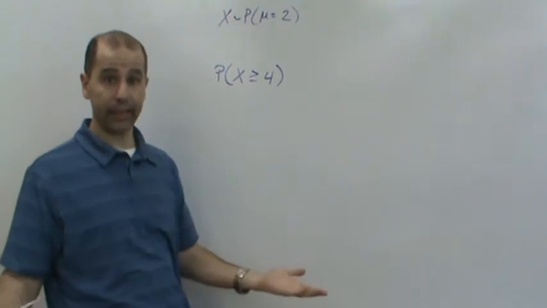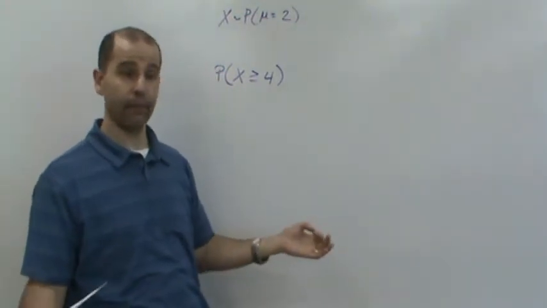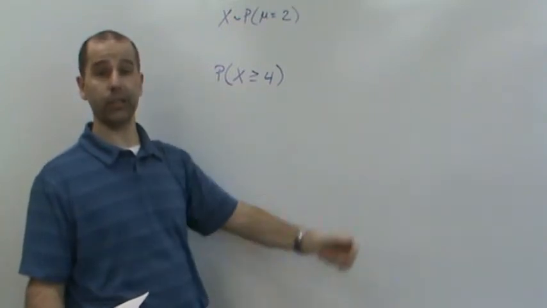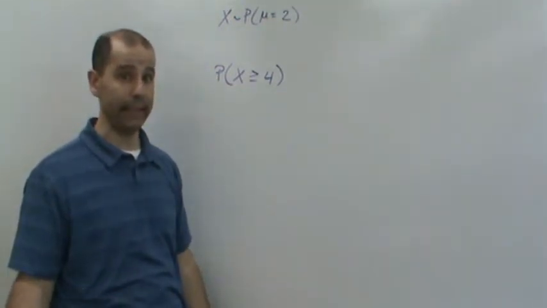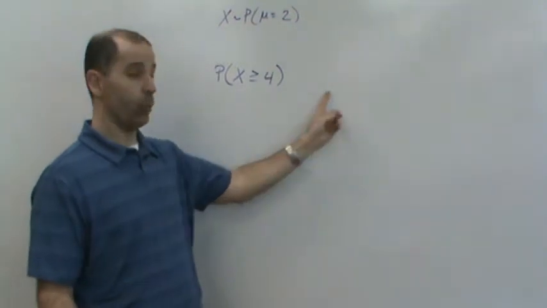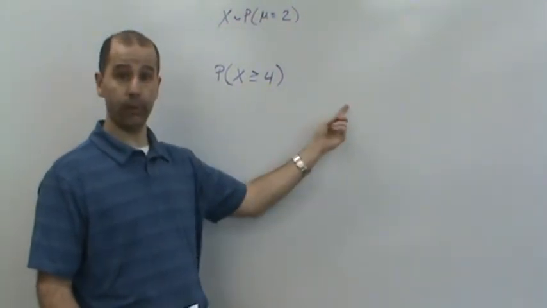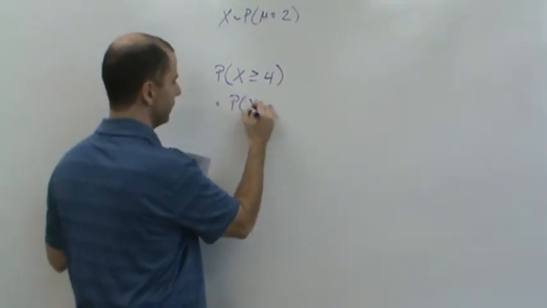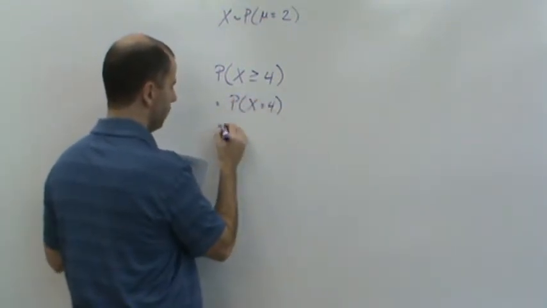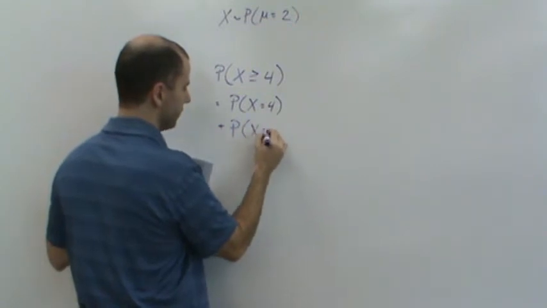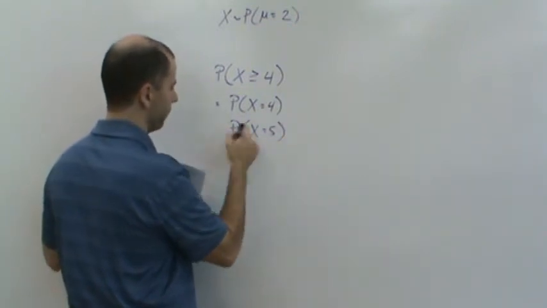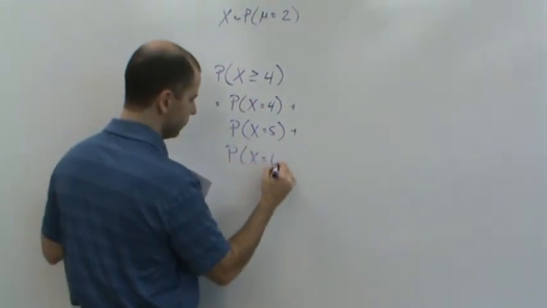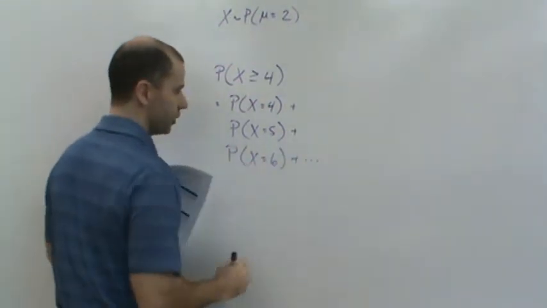Now practically speaking, it's not going to be, but when it comes to probability, we have to consider all the possible values that x could be. Okay? So this, we can't really use the formula because this means that I have to take the probability that x is equal to 4 plus the probability that x is equal to 5, I should say, plus the probability that x is equal to 6, and so on, right?